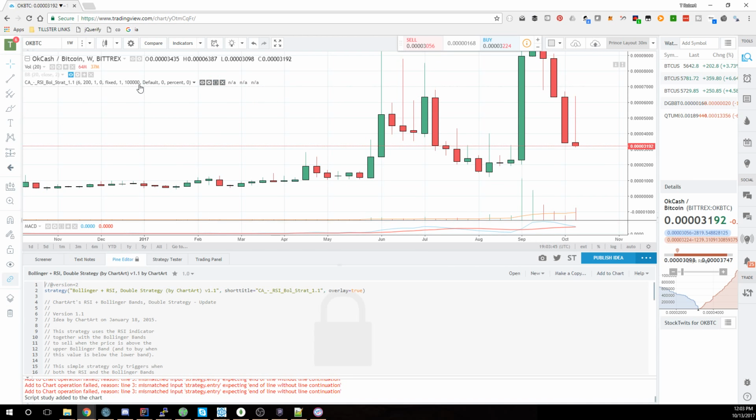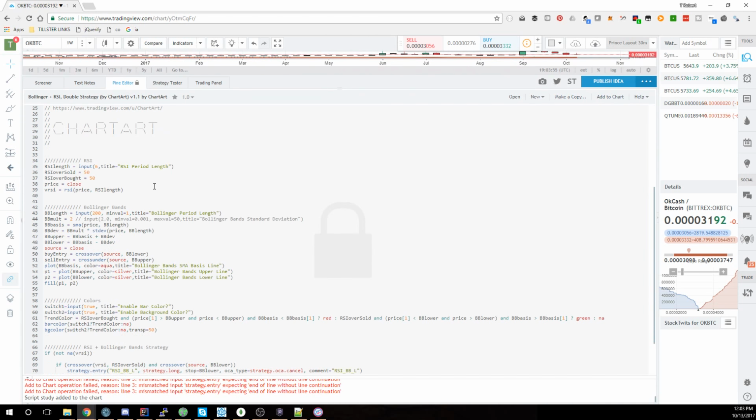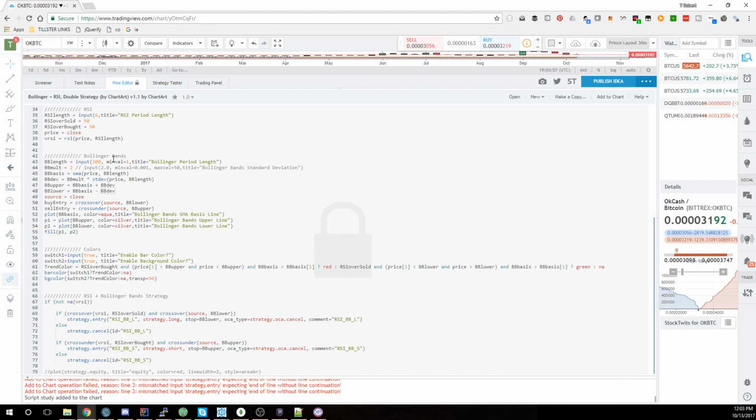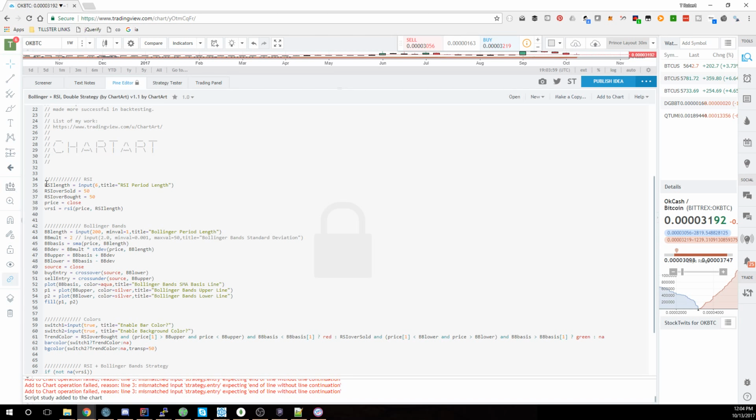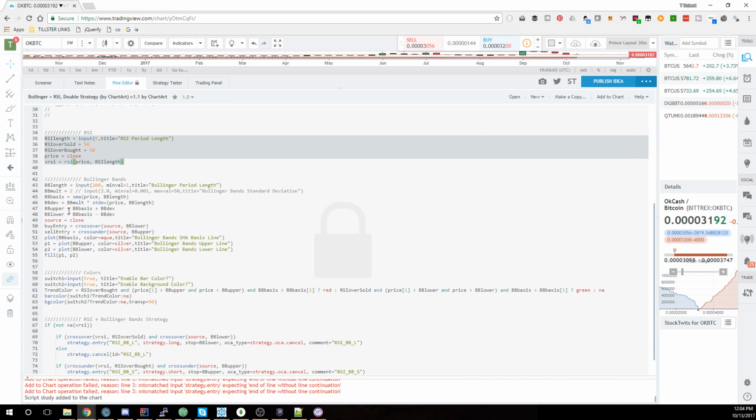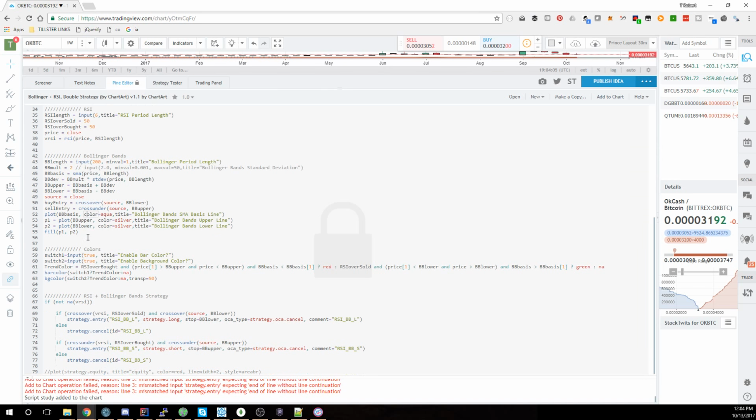Come over here, take his strategy, click on show the source code. Then you can come down here and start looking at what it is he did. What did he do? He computed an RSI. He computed Bollinger Bands. Then he made his strategy. What is his strategy?